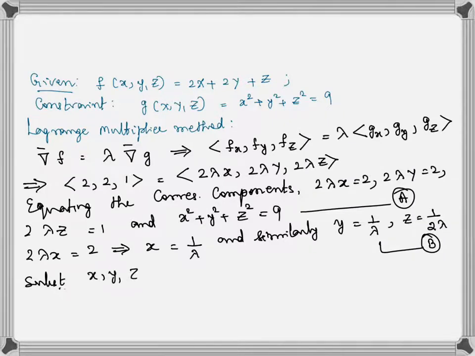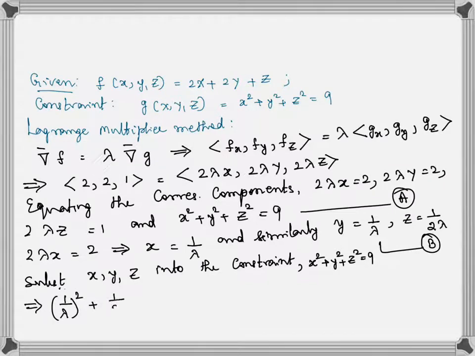Substituting x, y, z into the constraint, we get 1 over lambda, the whole squared, plus 1 over lambda, the whole squared, plus 1 over 2 lambda, the whole squared, equal to 9.